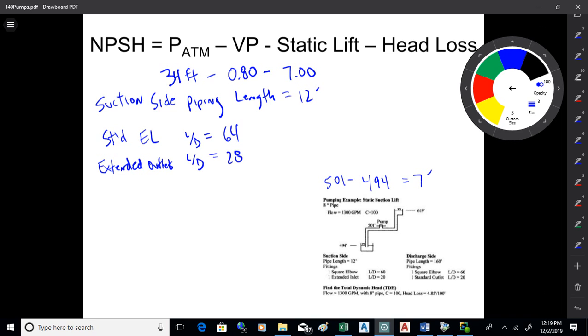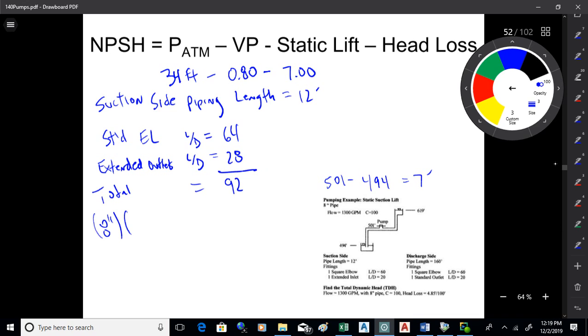So now we're doing the minor losses, so we can come up with a total. And the total is 92? Is this 8-inch pipe? Yep. So 8-inch pipe, which is 0.667 feet, since 8 inches over 12 inches per foot is 0.667 feet.